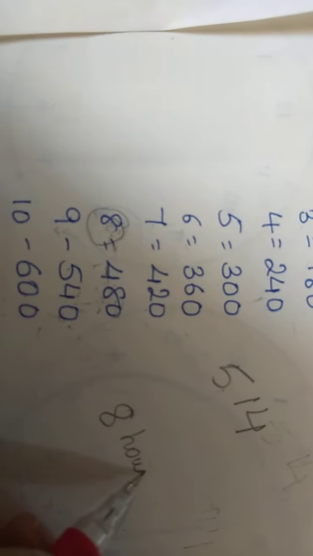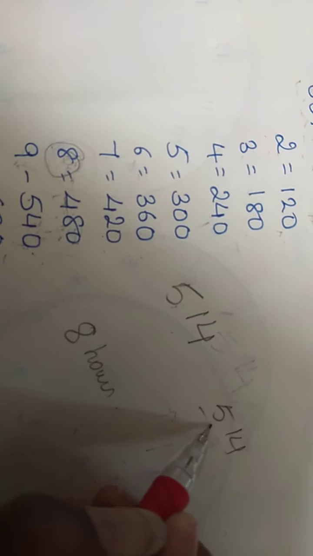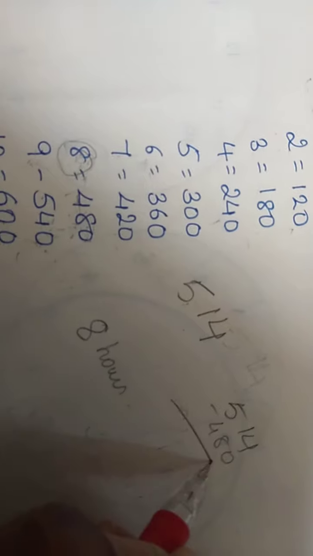So why I have circled 8 here is because it's not more than 540, so we cannot consider 9. So 8 hours. It has already crossed 8 hours. So 8 hours is the answer, but we need to find the remaining time. From 514, if we minus 480, we get the remaining time.